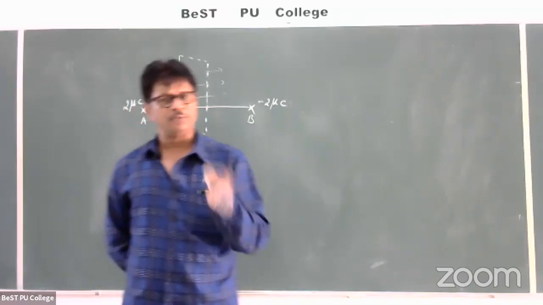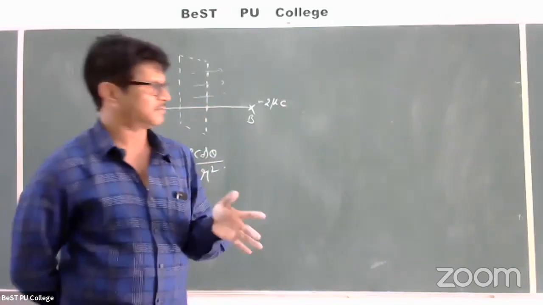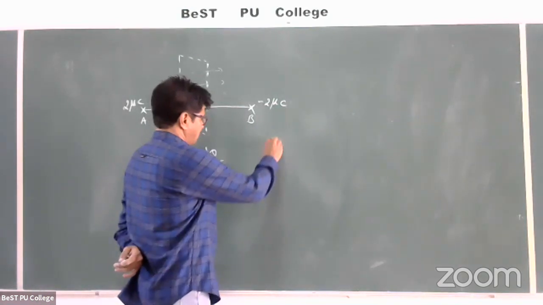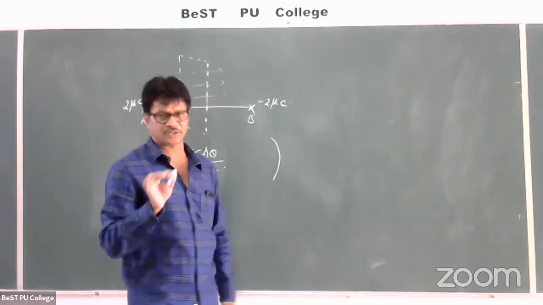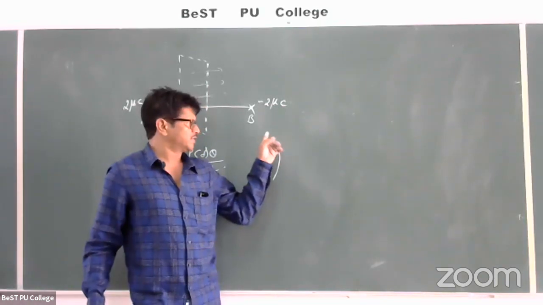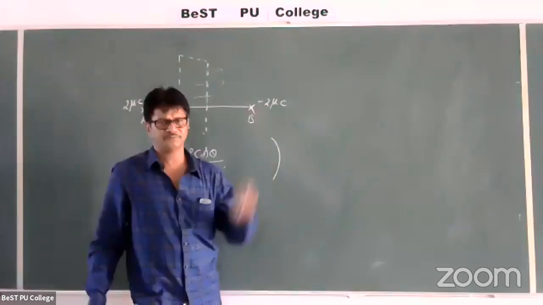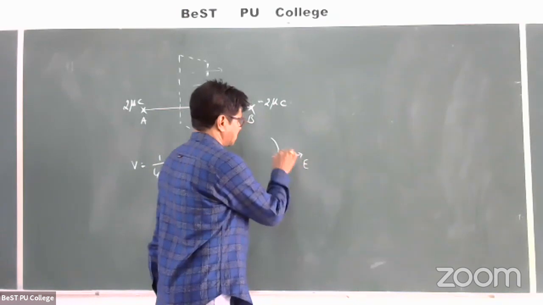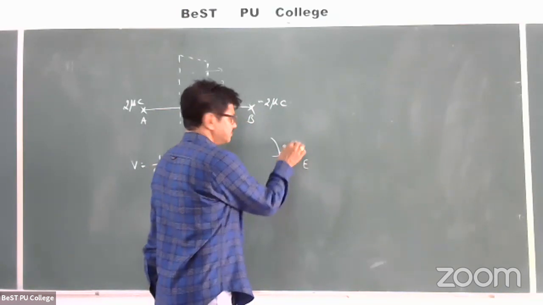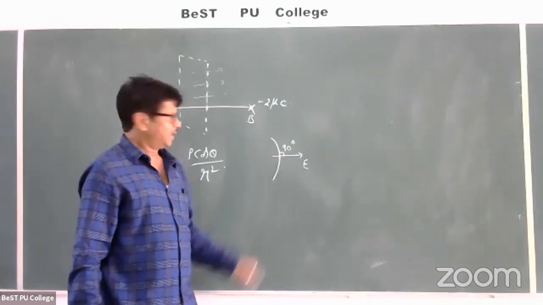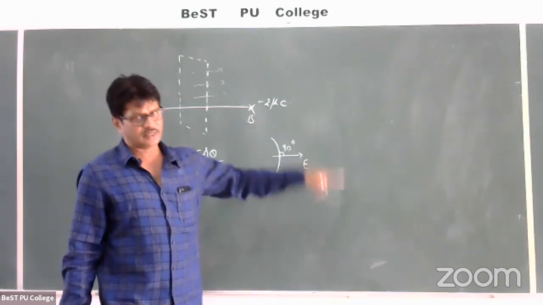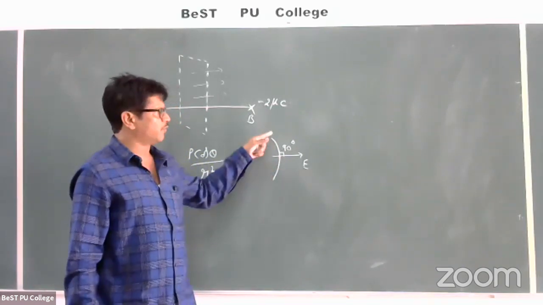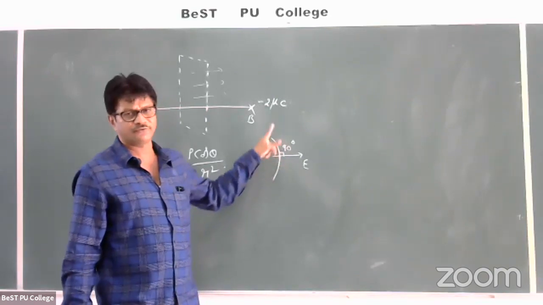Now, while discussing equipotential surface, we discussed that at any point on the equipotential surface, what are the points we discussed? Equipotential surfaces will always be concentric, and the angle between the equipotential surface and the direction of electric field is 90°, and the equipotential surfaces will never intersect, and the work done to move any charge from one point to another point on an equipotential surface is 0.